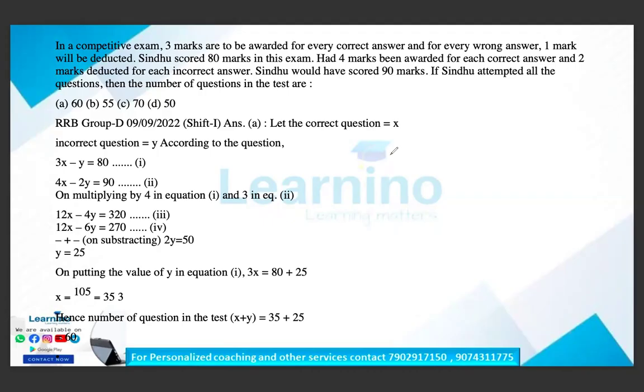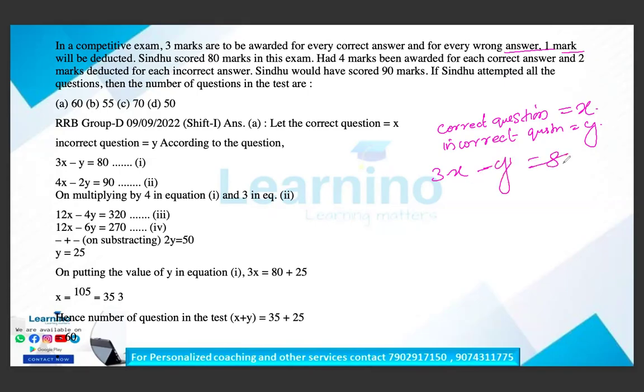According to the question, take correct questions as x and incorrect questions as y. So 3 marks are awarded for every correct answer, 3x minus y, since 1 mark is deducted for a wrong answer, is equal to 80.